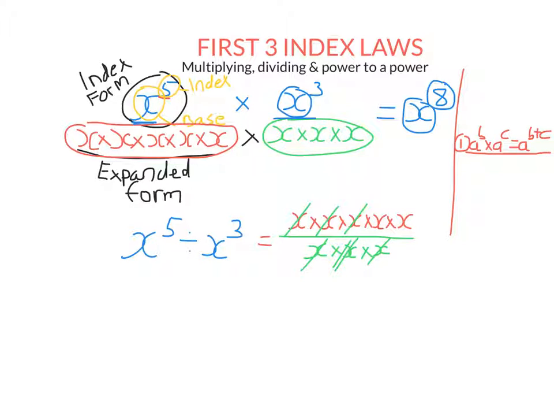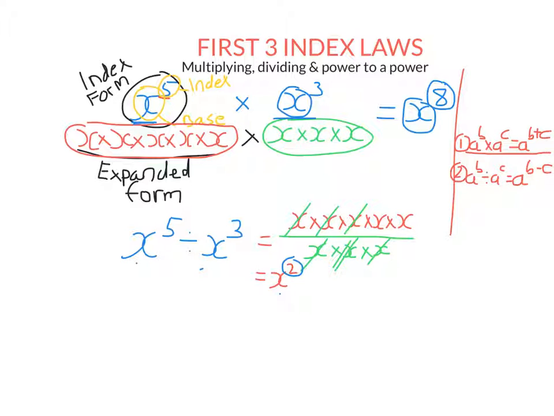So what I've got here, I'm left with 2 x's multiplied together. So the answer is x squared. So note, when I have divided the bases, I've kept the same base x, but now I've subtracted the powers. And that's our second index law. So when you are dividing bases, you keep the same base and subtract the powers.